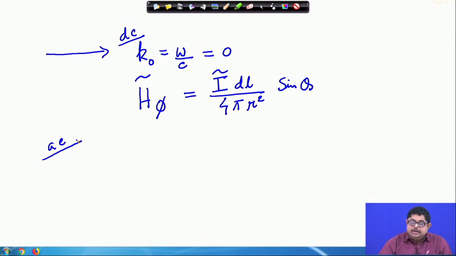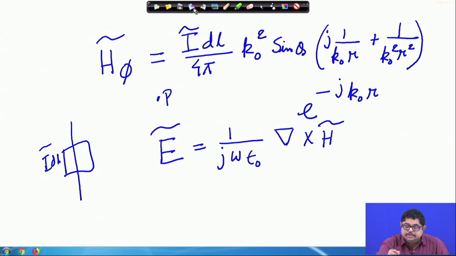So, let me go to the magnetic field expression. You see that these are all constant terms, this is a phase term, but magnitude wise I have a term varying with the electrical distance r and a term varying with the square of the electrical distance r.